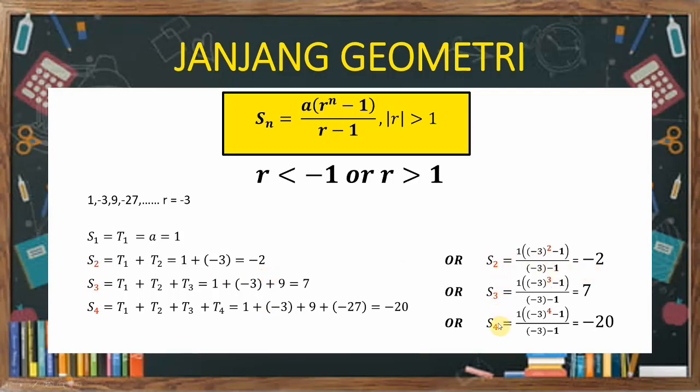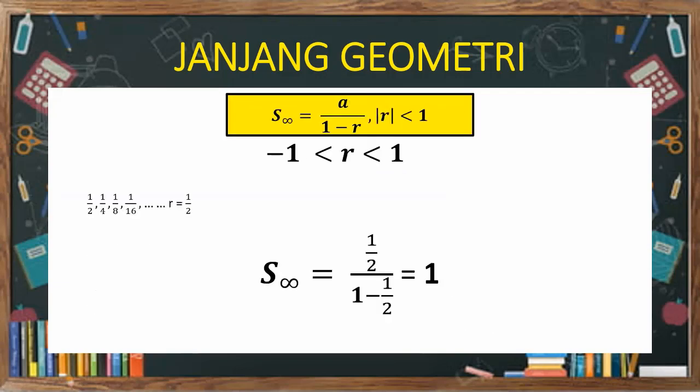So same thing goes for the others. So it is easier to use the summation formula. But don't forget there are two different formulas. One is for r in between -1 to 1. The other one is when r is less than -1 or r is more than 1.